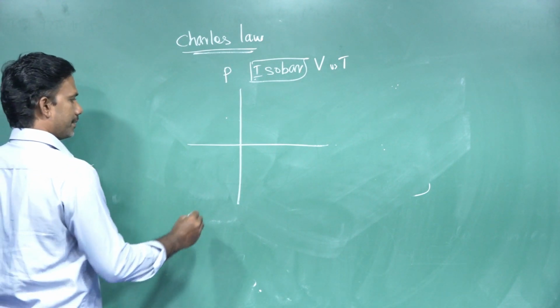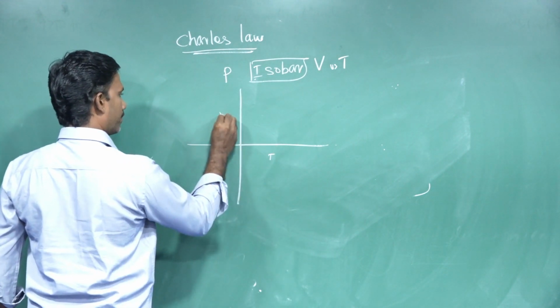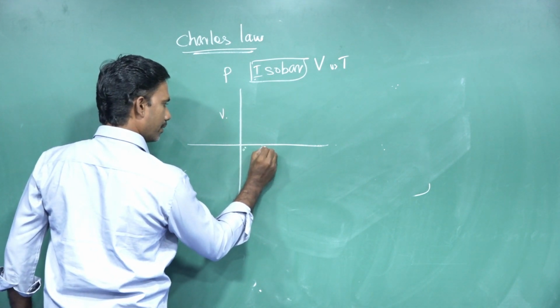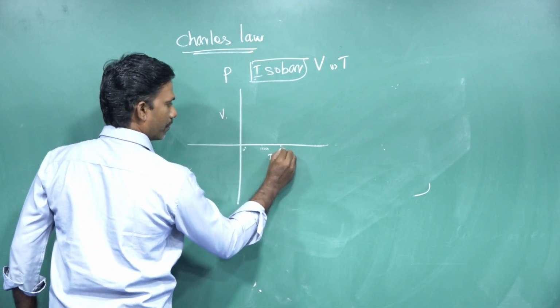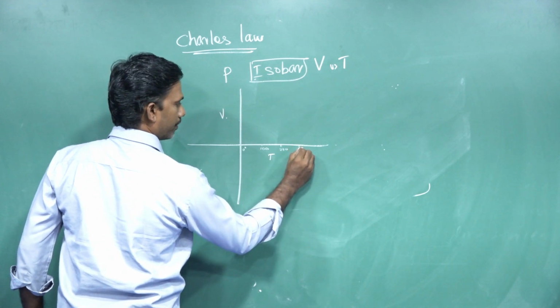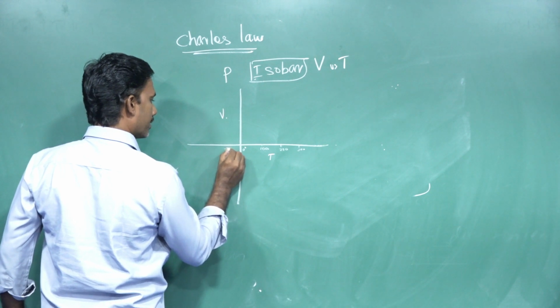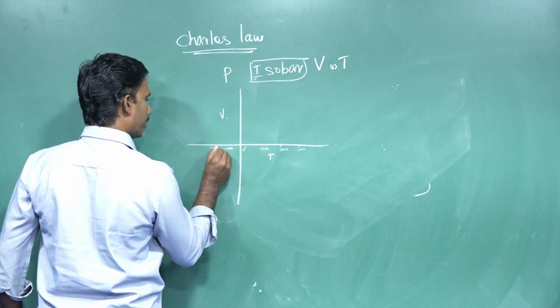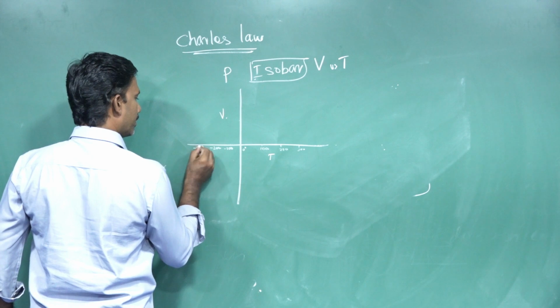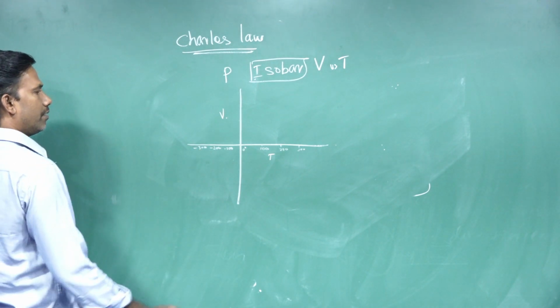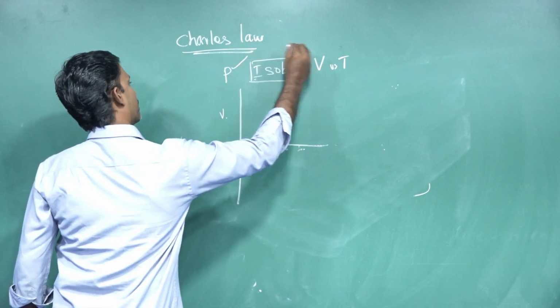See here: temperature on the x-axis, volume on the y-axis. It is 0 degrees Celsius, 100, 200, 300, like this it goes on, and minus 100, minus 200, minus 300, like this it goes on. Any graph plotted at a constant pressure is called an isobar.